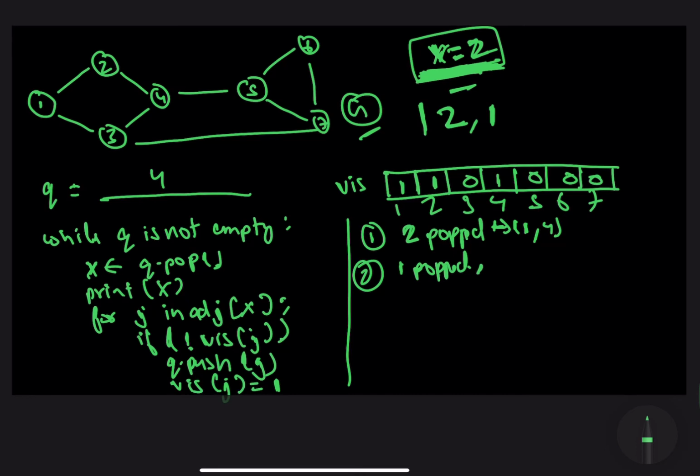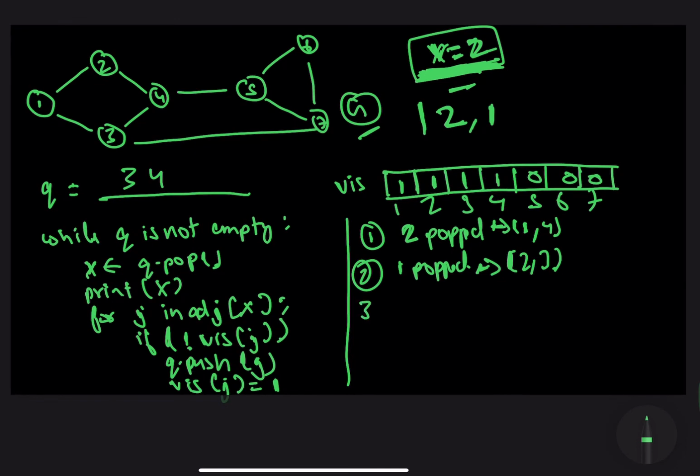In this case, they are 2 and 3. We would iterate over 2, and since vis of 2 is equal to 1, that is, it was pushed into the queue before, we will skip it. Then we come to 3. Since vis of 3 is equal to 0, we push it into the queue and mark vis of 3 equals to 1.